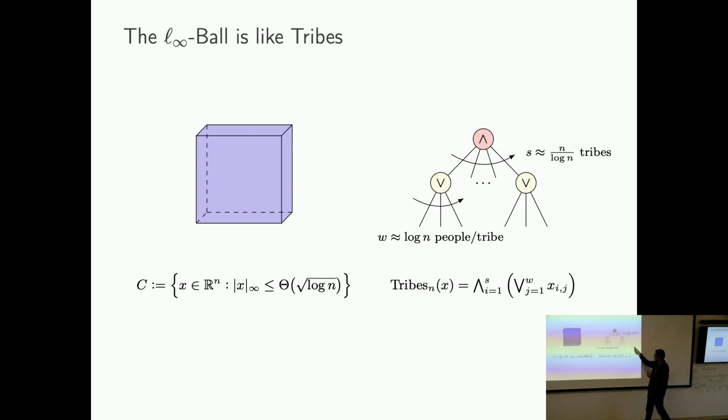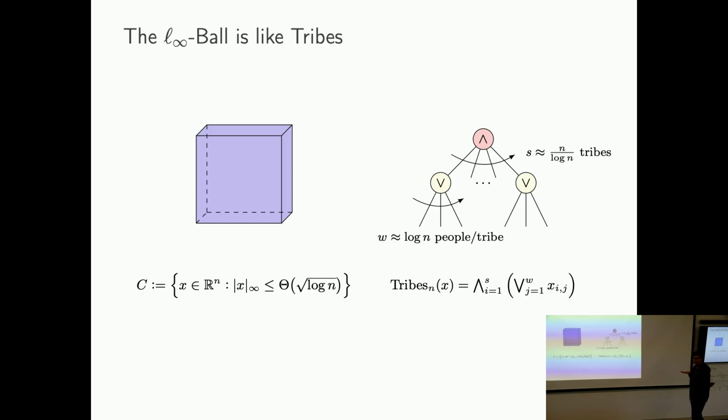Just as a reminder, the AND function outputs 1 if all the input bits are 1, and the OR function outputs 1 if at least one of the input bits is 1. And in some sense, this is an intersection of roughly n orthogonal slabs, an intersection of n over log n, so basically n disjoint orthogonal clauses.